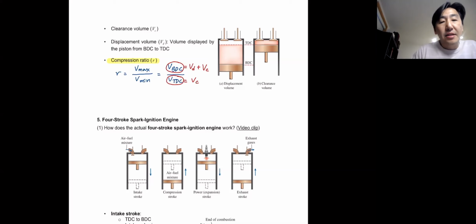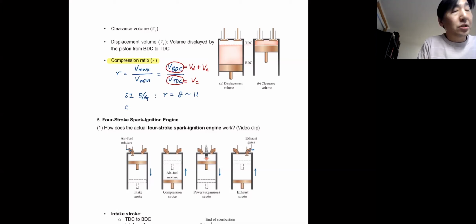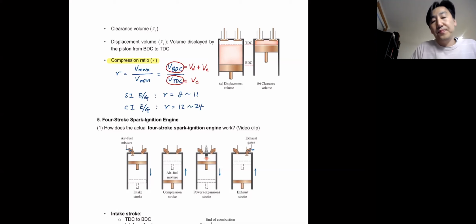Again, as I said, this compression ratio is the most important designing parameter, and for spark ignition engine, in general the compression ratio is in the range of 8 to 11. And compression ignition engine has a compression ratio from around 12 to 24.